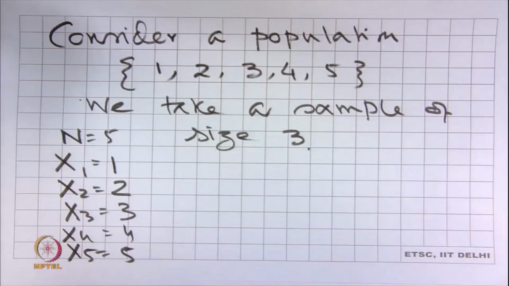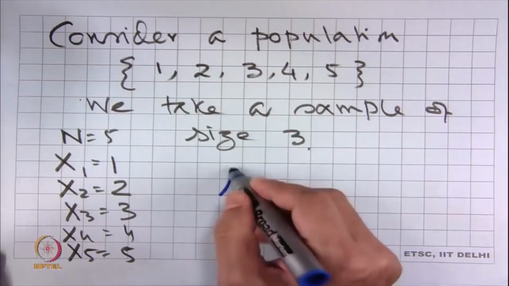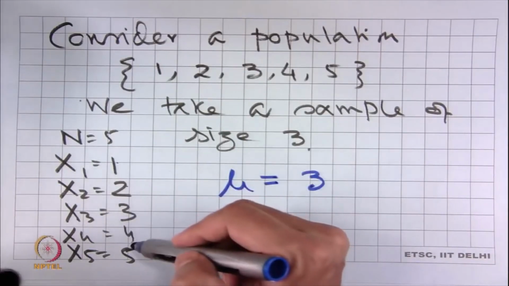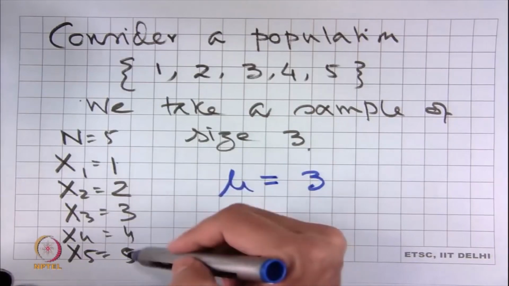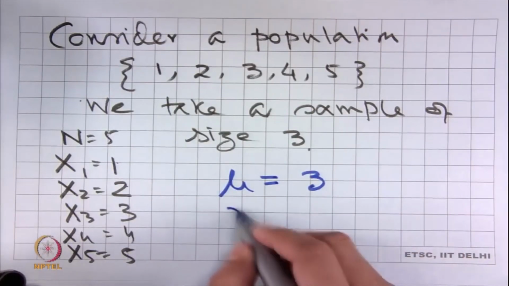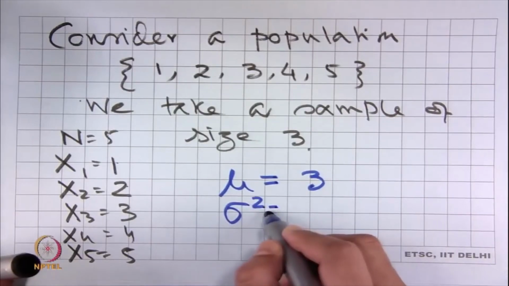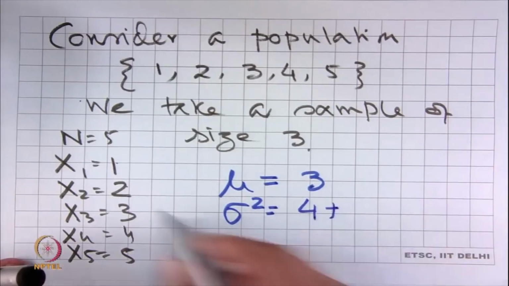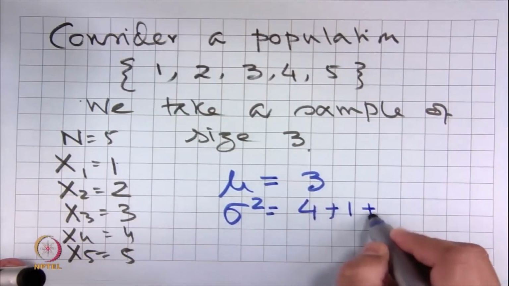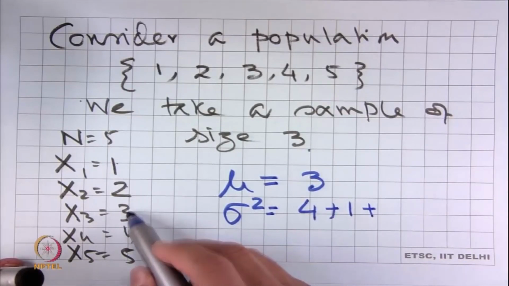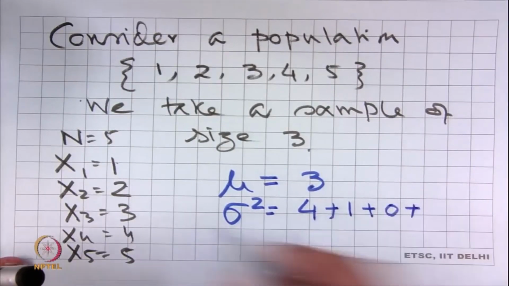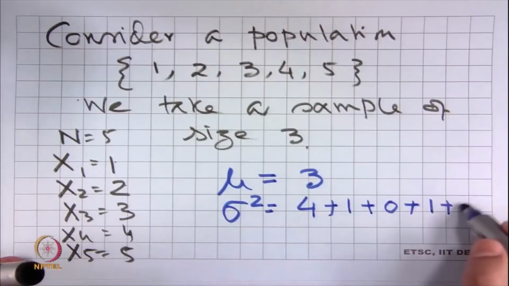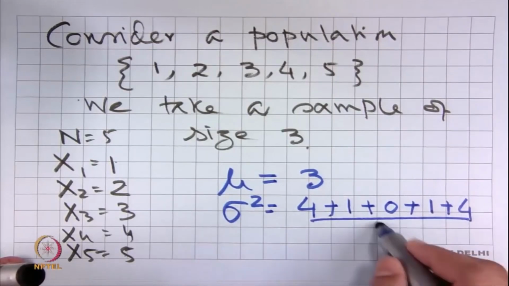and we can easily calculate that mu is equal to 1 plus 2 plus 3 plus 4 plus 5, which is 15 divided by 5, equal to 3. And sigma square is equal to 1 minus 3 whole square, which is 4, plus 2 minus 3 whole square, which is 1, plus 3 minus 3 whole square, which is 0, plus 4 minus 3 whole square, which is 1, plus 5 minus 3 whole square, which is 4, divided by 5.